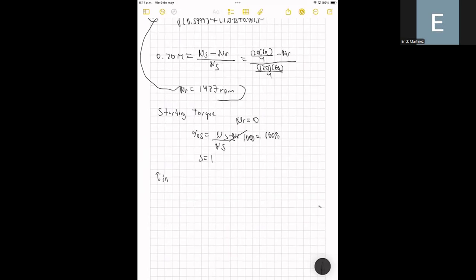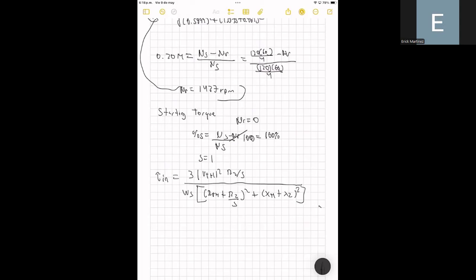We know that the induced torque is equal to 3 times the magnitude of the Thevenin voltage squared times R2 divided by S, and we need to divide all of this by the synchronous speed in radians per second times the quantity RTH plus R2 divided by S, all squared, plus XTH plus X2, also all squared.